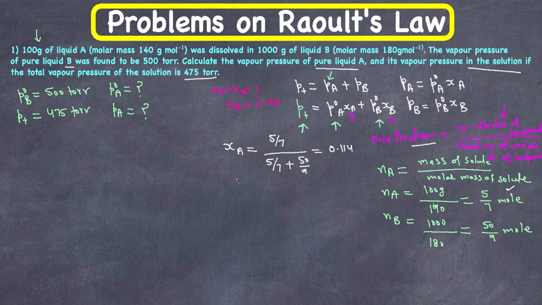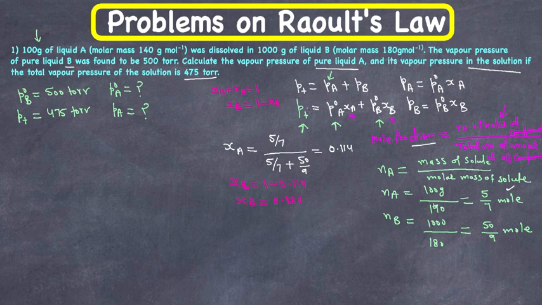So XA is 0.114, and this gives me XB equal to 0.886. So now we know the mole fractions XA and XB.